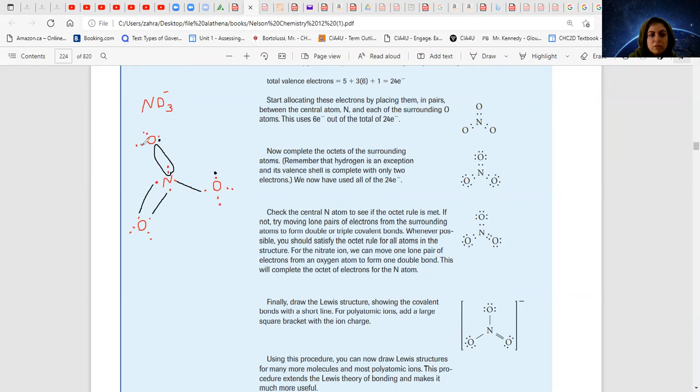This is a single bond with oxygen, and here it has 3 lone pairs. And here is a double bond, and this oxygen has 2 lone pairs. I need to put that in a bracket because it is an ion with a negative charge. You have to put it in a bracket and put the negative charge here.